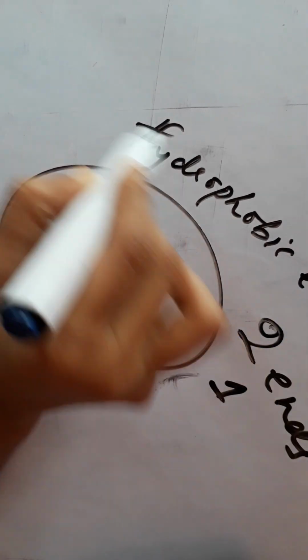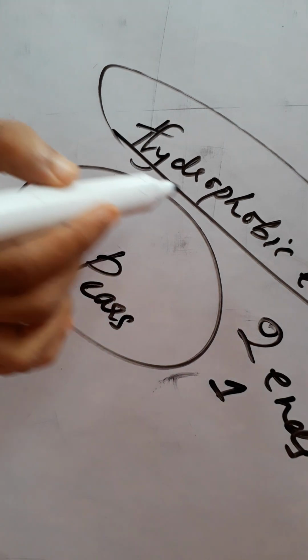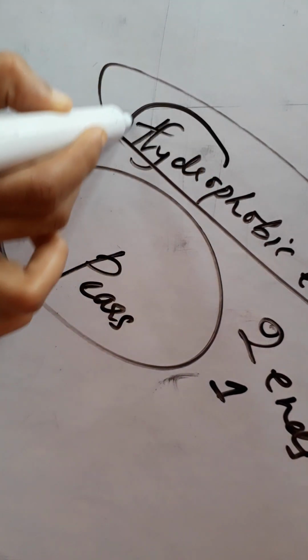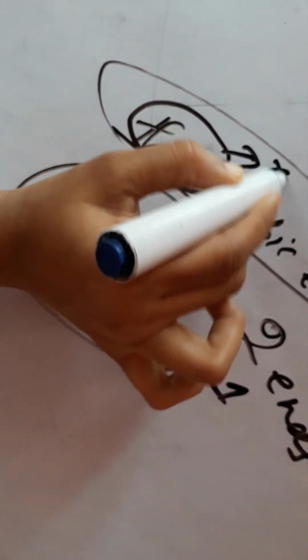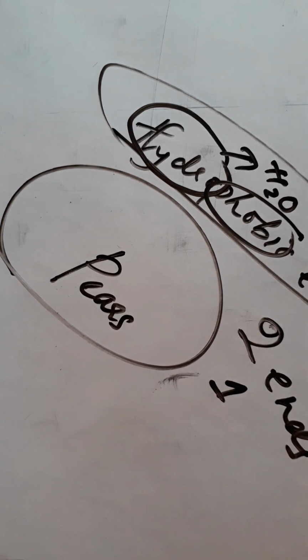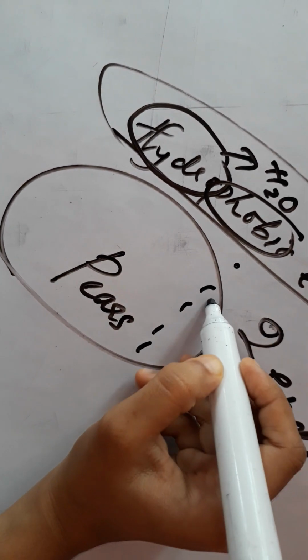What do you mean by hydrophobic? Hydro refers to water. What is phobic? Phobia. Fear. So this end is afraid. It has fear of water. So one end would be afraid of water, and the other end is known as hydrophilic.